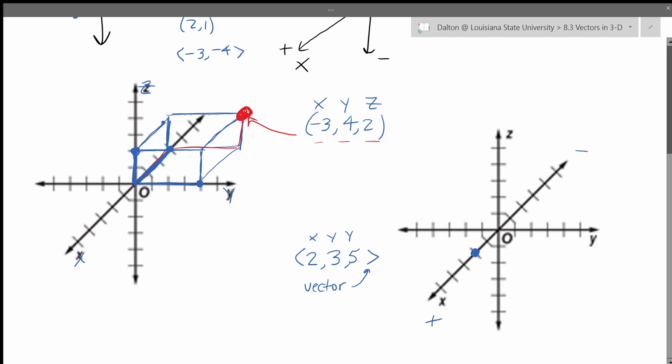In the y direction, I'm going to go to the right 3 because this is positive y, so it'll be 1, 2, 3. Before you do z, do as much as you can with these two first. So I'd make my parallelogram between those two.